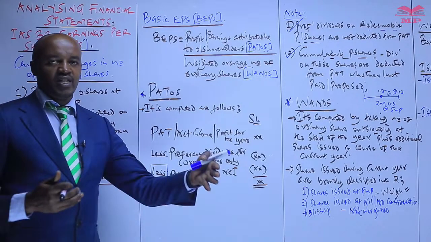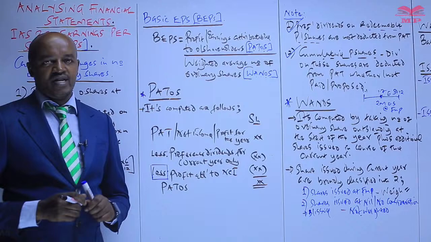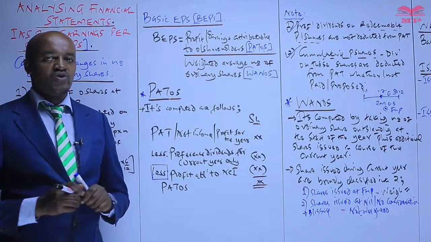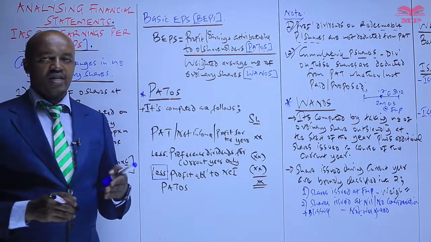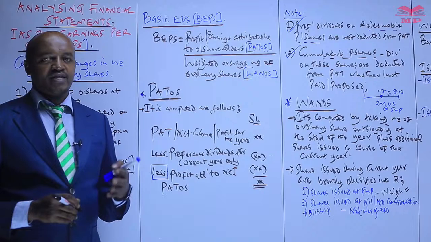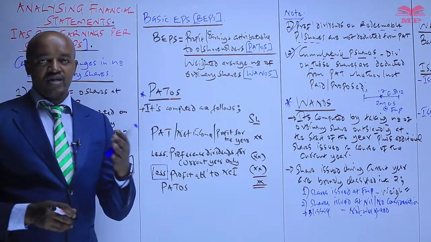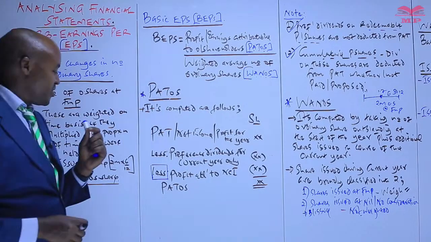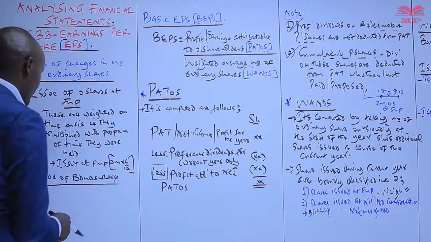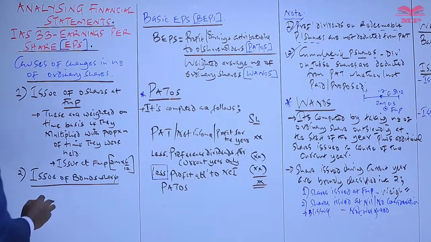So the profit generated by the company during that year is generated using the same resources. Therefore, we assume that these shares have always been in issue. So we assume they were issued at the start of the year, and for the purpose of computing the weighted average number of ordinary shares, we don't weigh them on time basis.